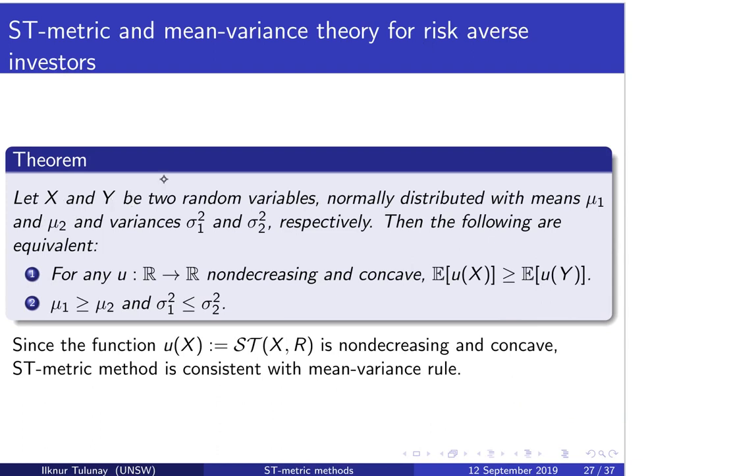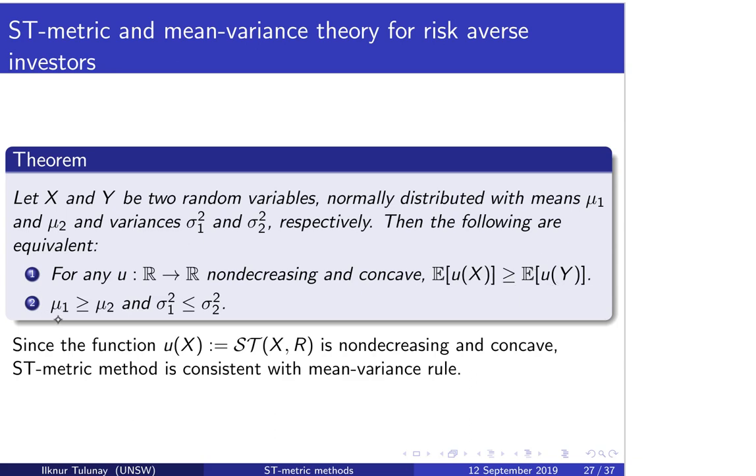If x and y are random variables, mu are the expected returns, and sigma are the variances, which correspond to risk in financial data, then for any non-decreasing and concave utility function, the expected utility of x is bigger than the expected utility of y.